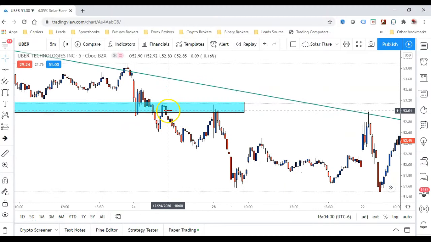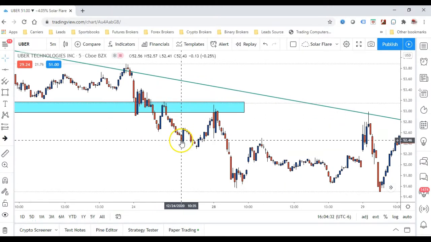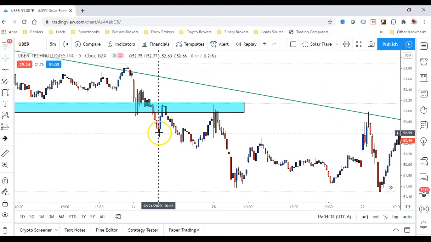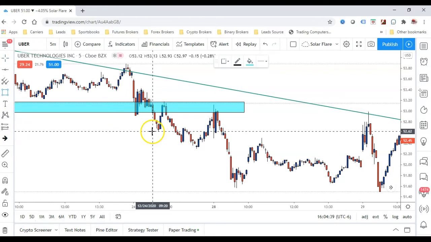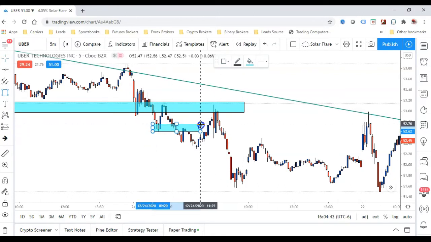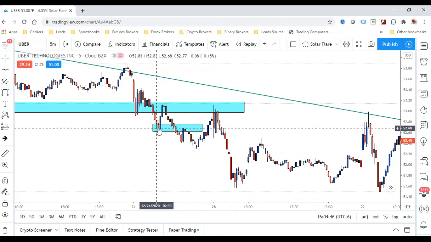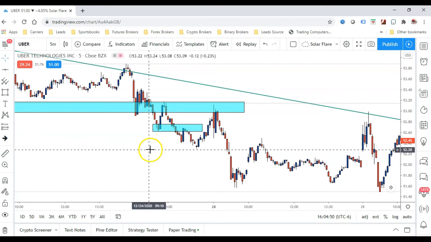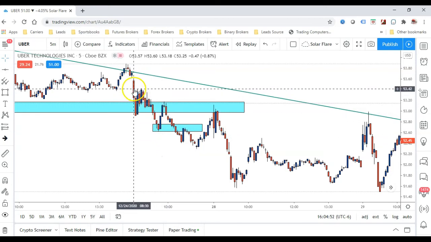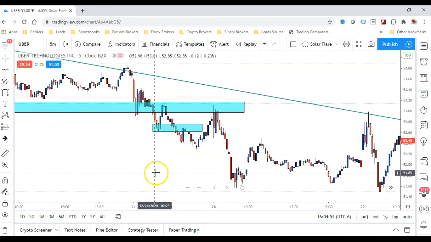Okay, so now you can see price came up, it came back down. Now we got a new low that's been established. Let me go ahead and draw my line here. I pretty much do the full candle. If it's a small one, it's fine, but if it's a big candle, something like this, just be careful.